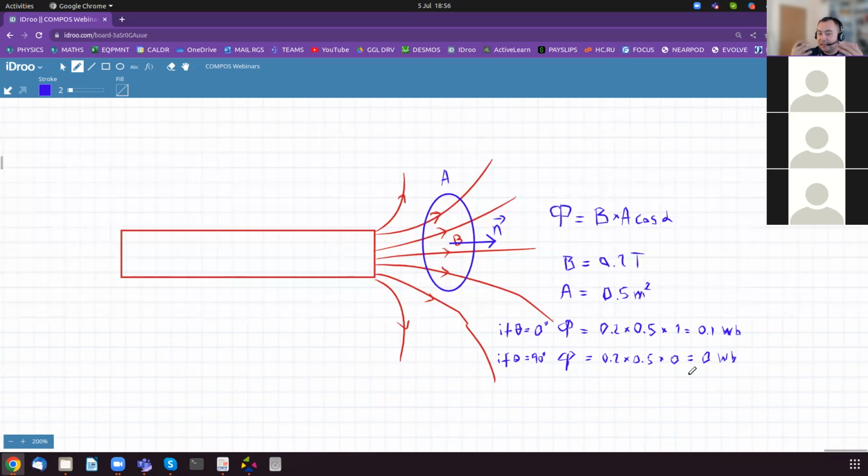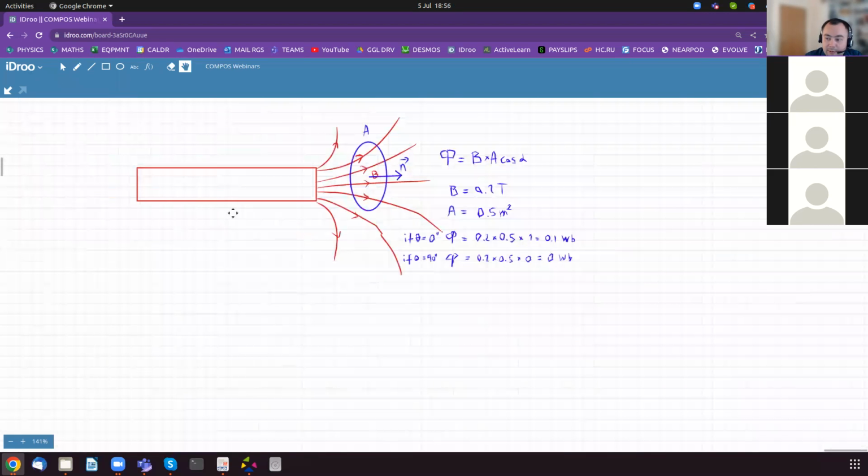The idea of the electric flux is exactly the same. It's how much electric field can we capture with a surface. So we have a surface, not necessarily a loop, and how much of the electric field can we capture?